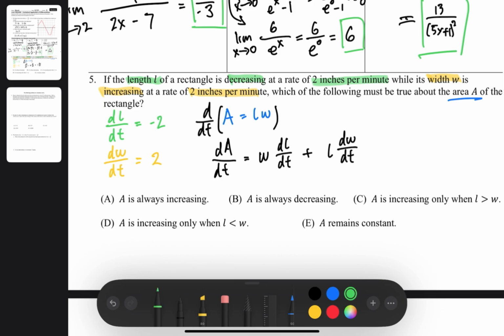So now we're going to plug in our rates. So we get negative 2W plus 2L, and that's equal to our dA/dt.